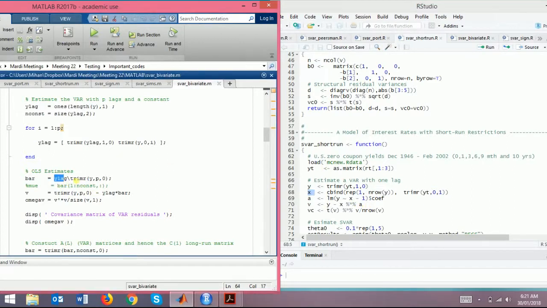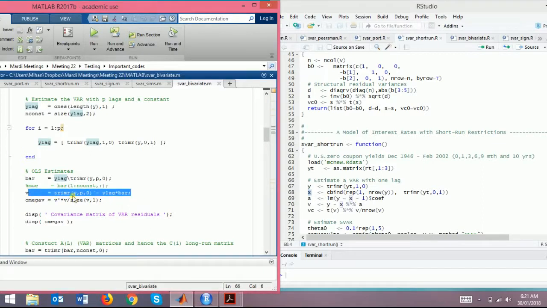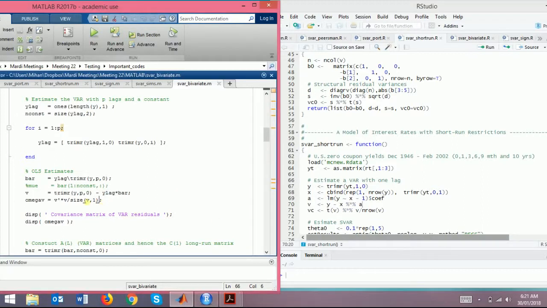So regression of x, the level, on the lag, we could have done that; it is the same thing. Regression of the level on the x variable, and we could have found our v, which was again the level minus x into beta into lag, and number of rows.